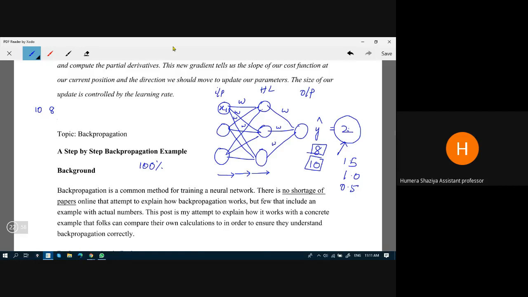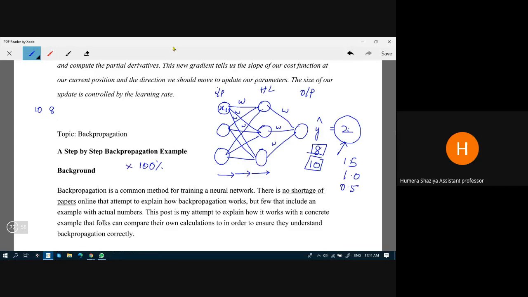Our goal is to somehow take the error down and down until it cannot go further down.